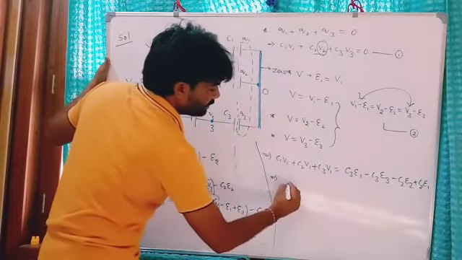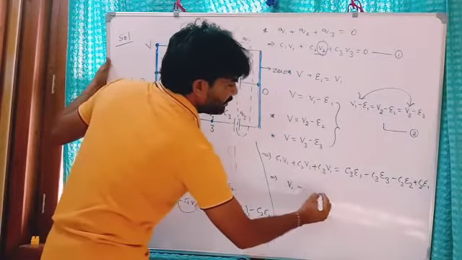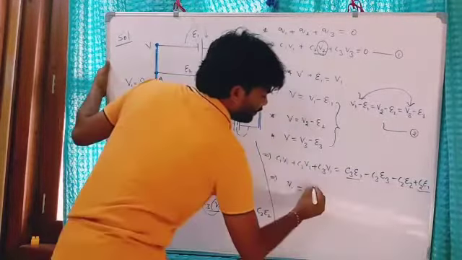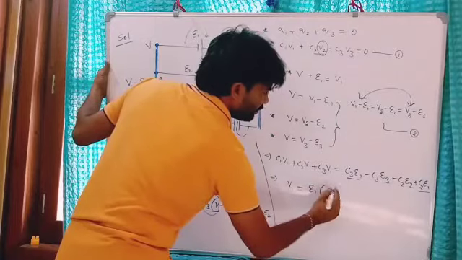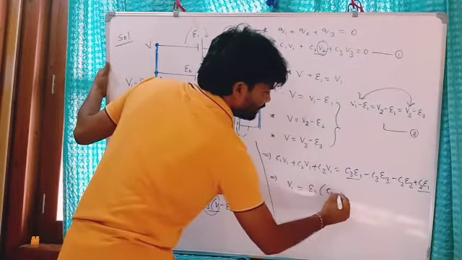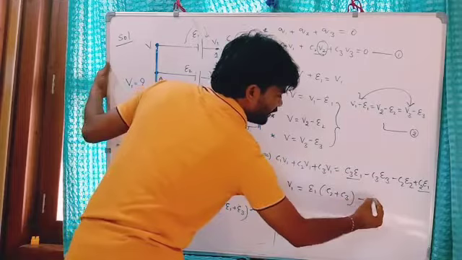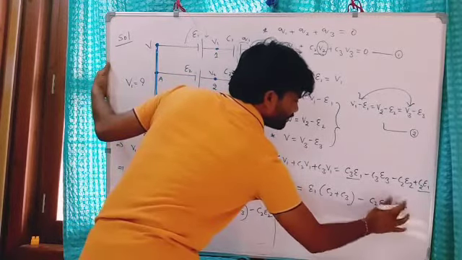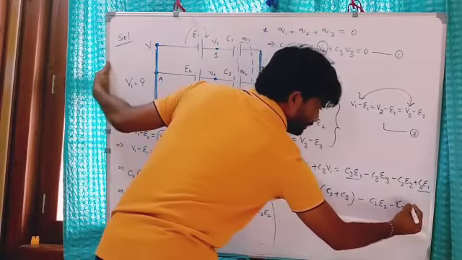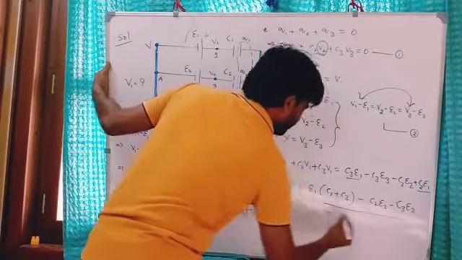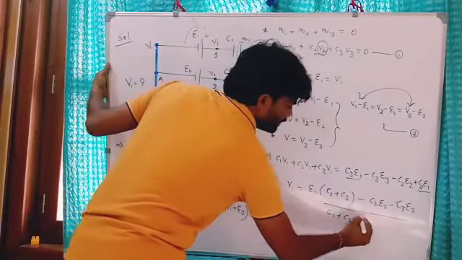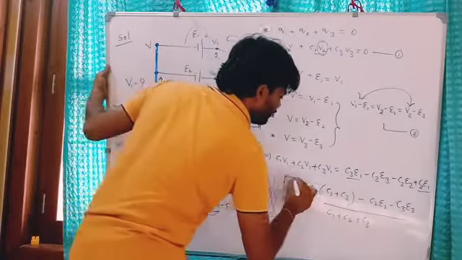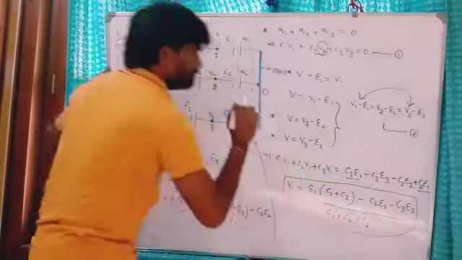Take V1 common. What are the common terms? E1 is there. So you can write E1 times C2 plus C3, and the remaining terms minus C2 E2 minus C3 E3, divided by C1 plus C2 plus C3. This is the equation for the potential at the given point 1.